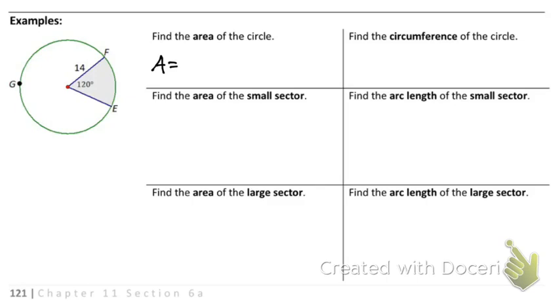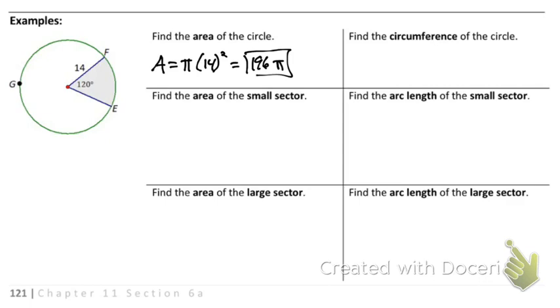Oh, area. 196 pi. Let's see. So our area would equal pi r squared. Our r is 14 squared, and you're saying it's 196 pi? All right, so we have 196 pi for our total area.